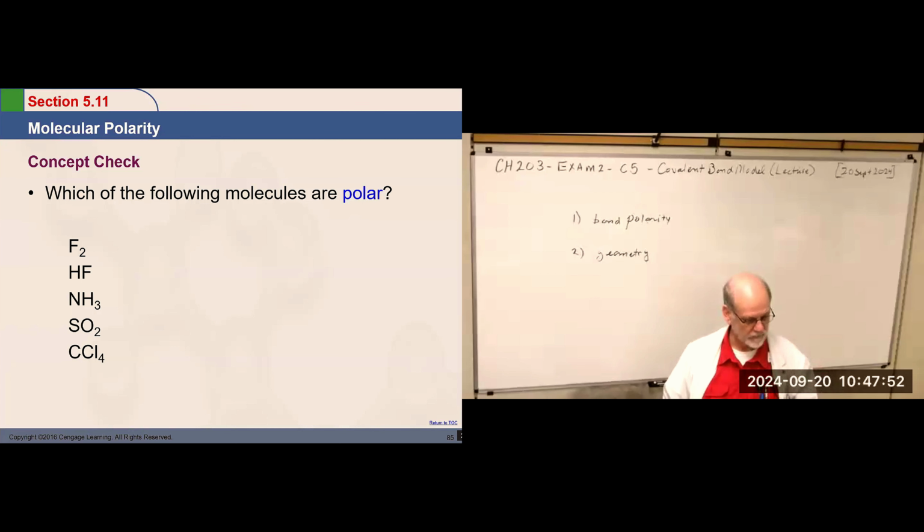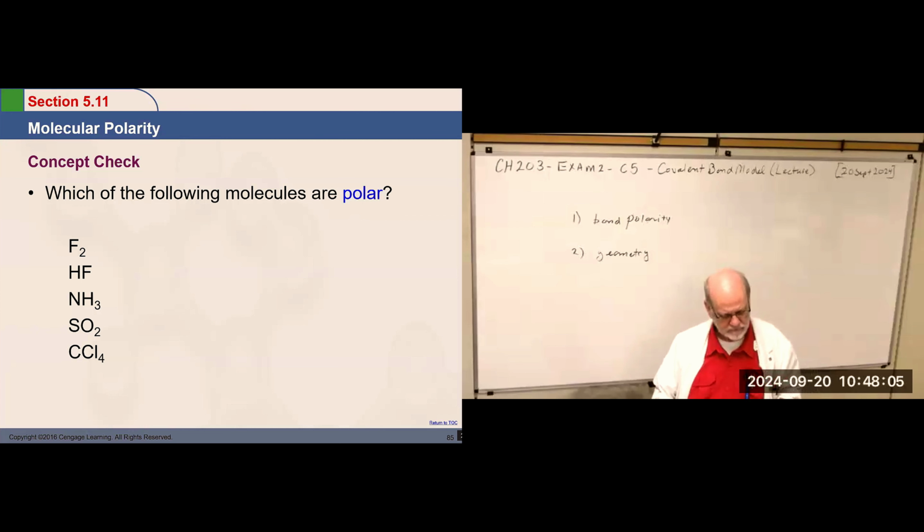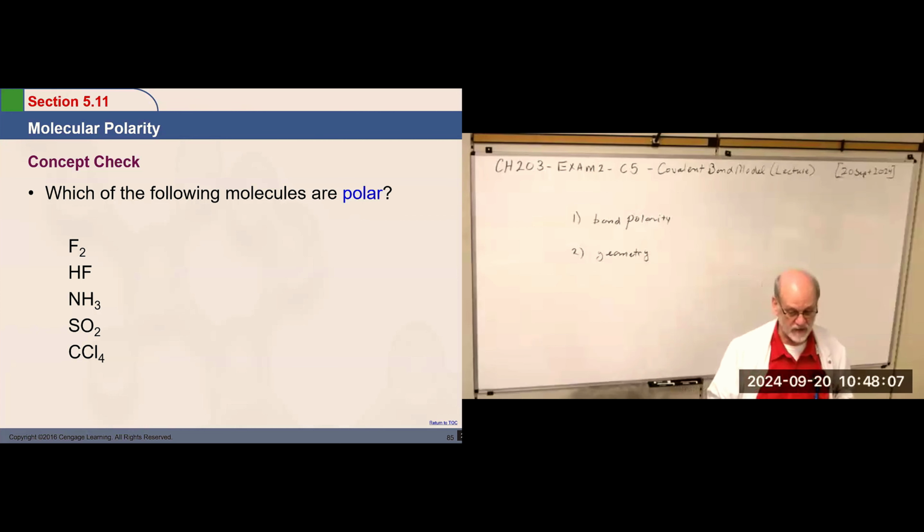Throw it out. Carbon tetrachloride, we know that one from past experience is a tetrahedron. It's equally spaced, right? All the polar bonds cancel one another out, throw it out. HF is a linear molecule, right? With fluorine, the most electronegative, that one has to be polar.